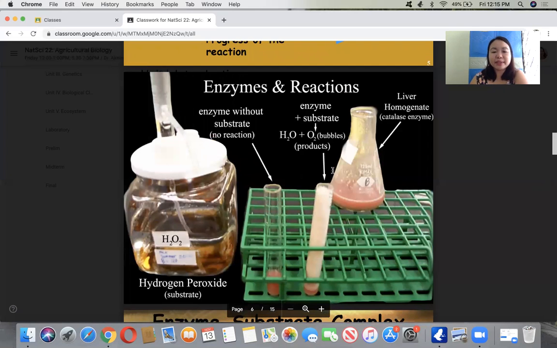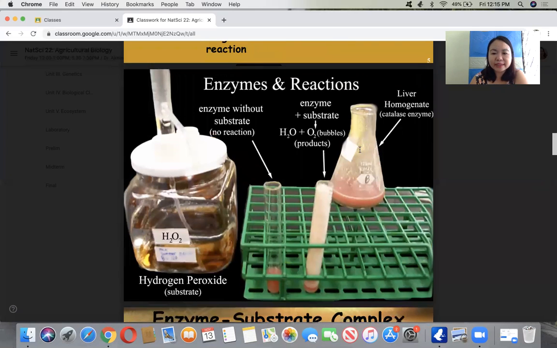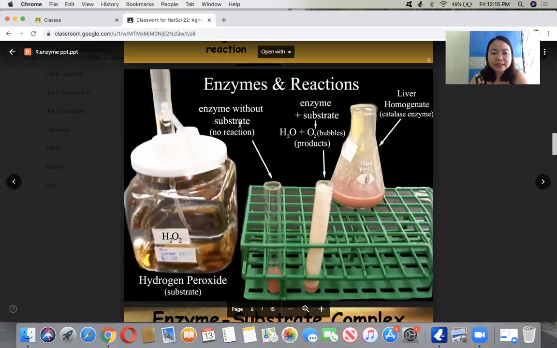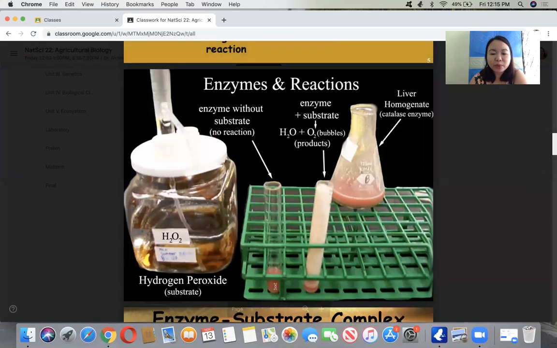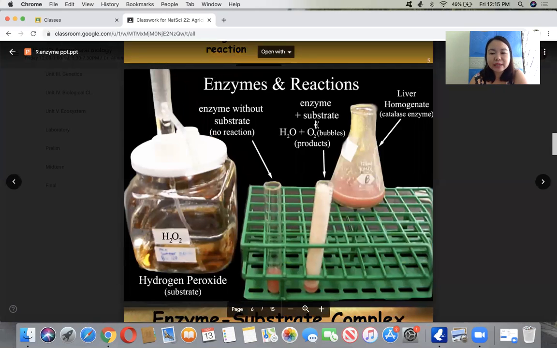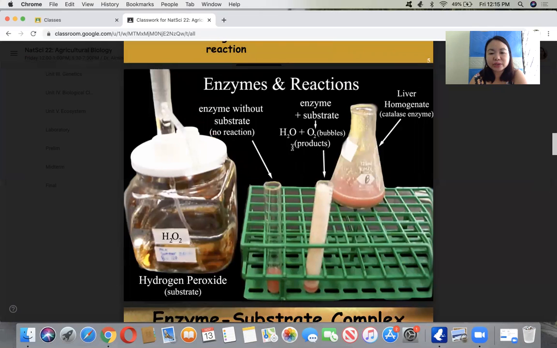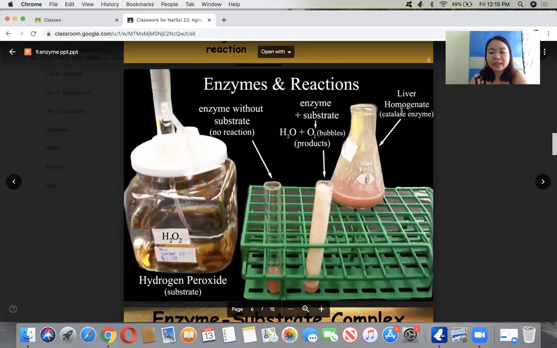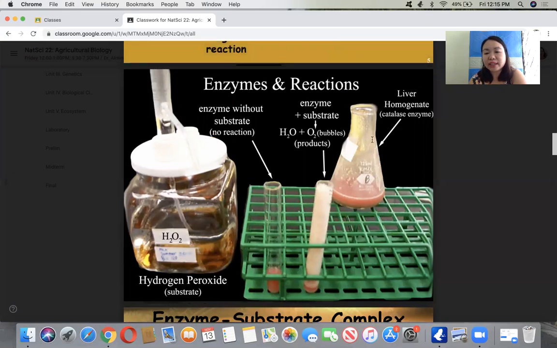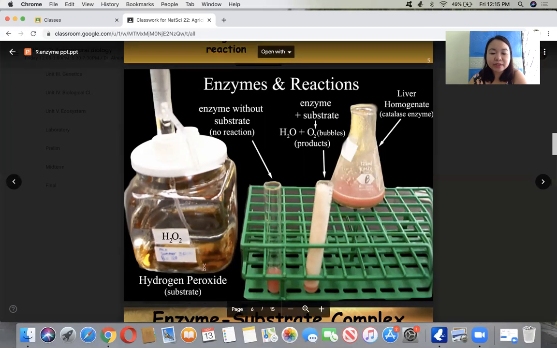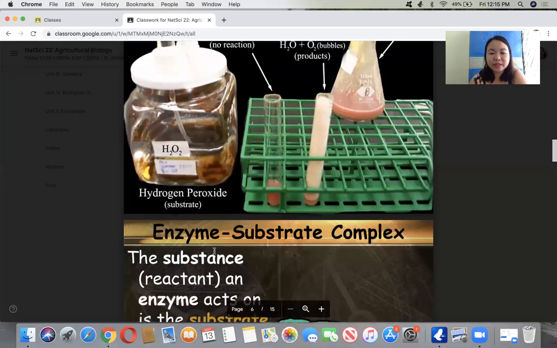So what are enzymes and their reactions? We have examples here. An enzyme without substrate has no reaction. An enzyme with substrate, like H2O and the oxygen bubbles as products, shows an enzyme with reaction already. And you have here the liver homogenate as the enzyme and the substrate hydrogen peroxide.